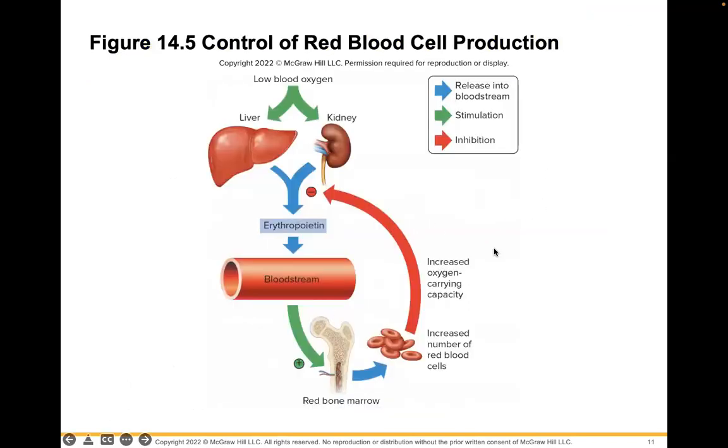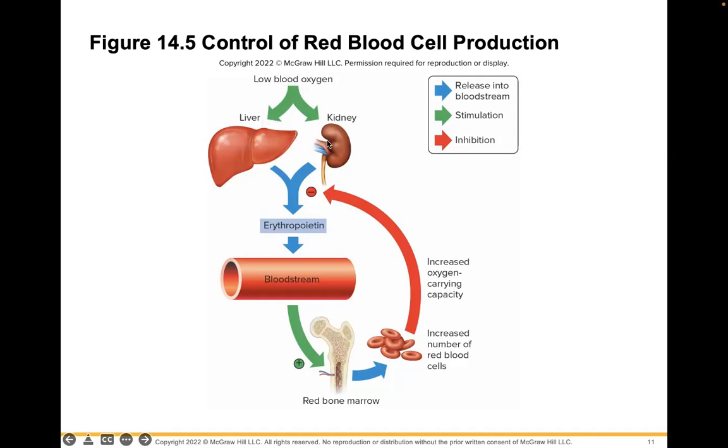Now, here's a lovely picture that we went over in class. It's pretty important because it teaches you a whole bunch of things and it could lead to a whole bunch of potential exam questions. So the impetus or the starting point of when do we need erythropoietin in our life is when we have low blood oxygen.